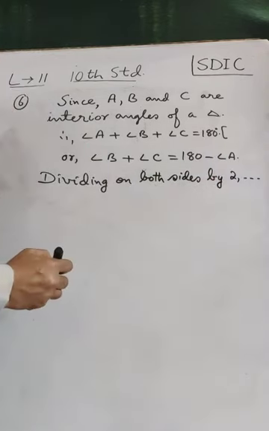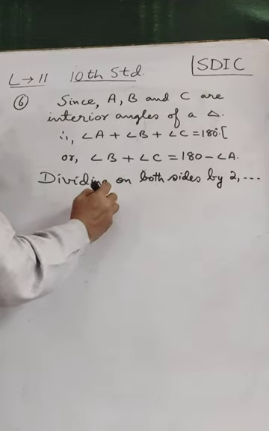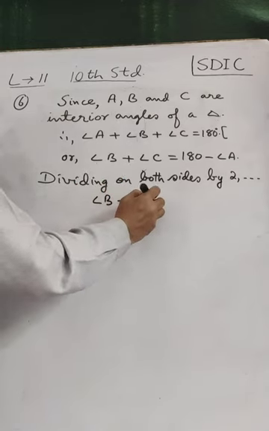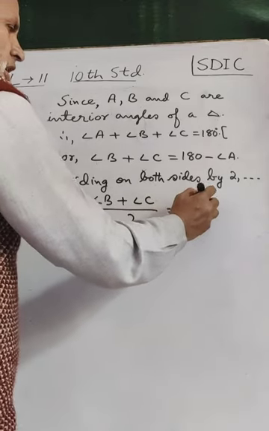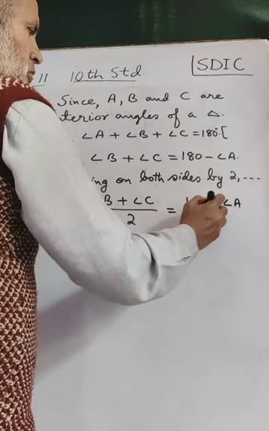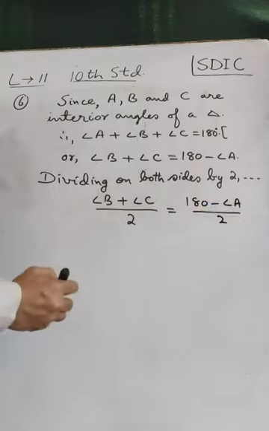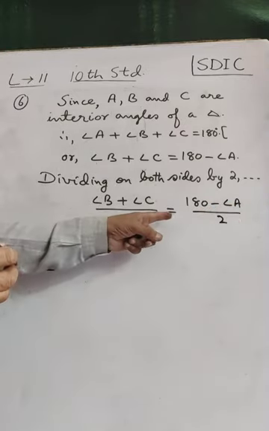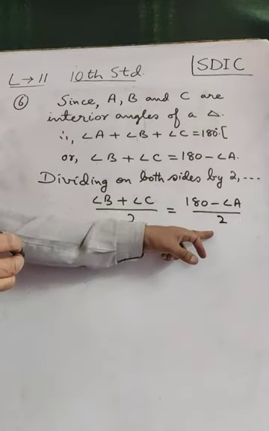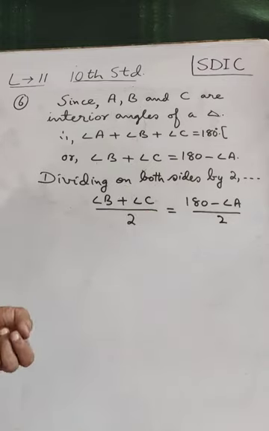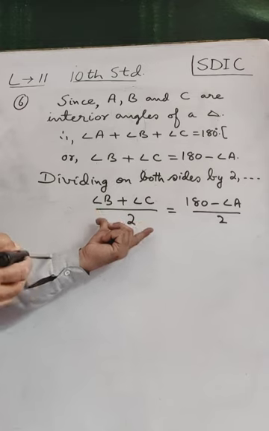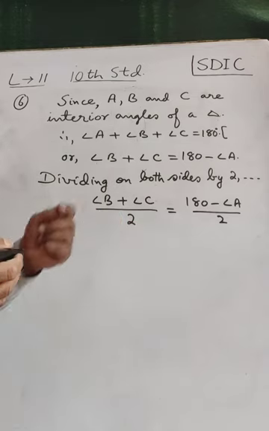We get left hand side will become angle B plus angle C by 2 is equal to right hand side will become (180 minus angle A) by 2. Then on the right hand side you will split it. Left hand side we need not split because it is angle (B plus angle C) by 2 in the result to be proved also. So we'll keep the same. Right hand side will split.